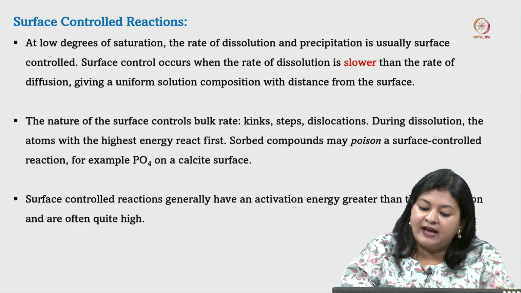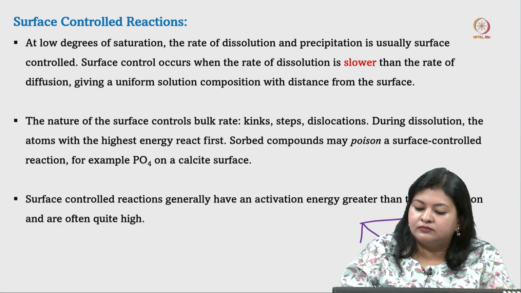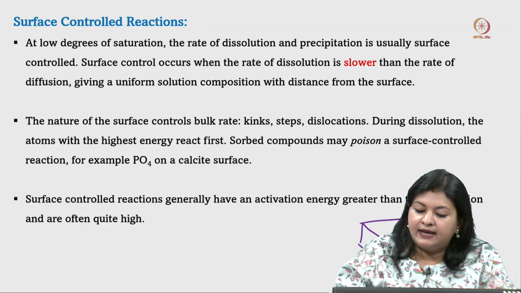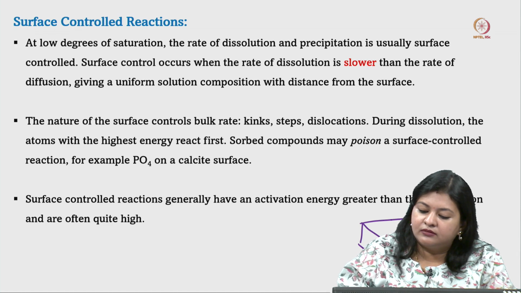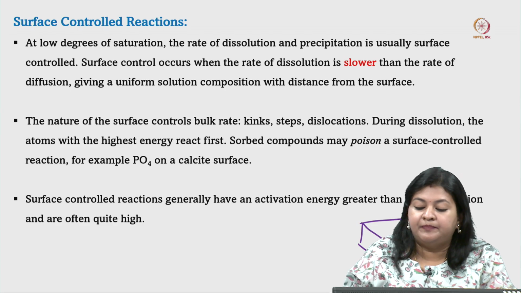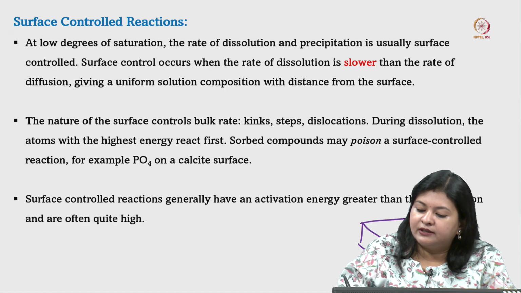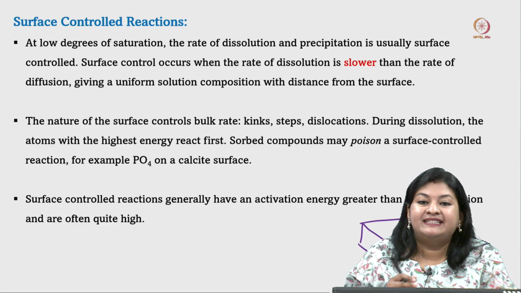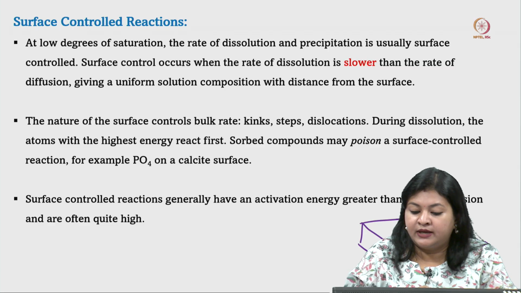For instance, suppose you have a block of mineral, then you can have different kinds of structural defects. Okay. These are the things we call structural defects. This is called a step defect. Okay. So, what is happening?